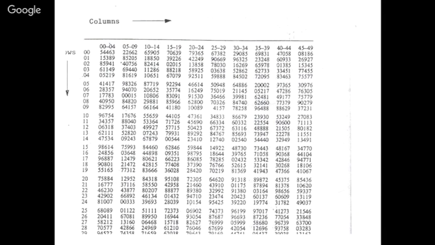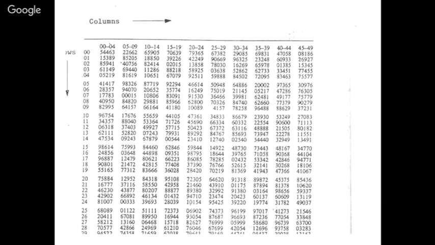In the first row of the table, it is considered as columns, and on the right hand, it's the rows. The first column is, for example, 00 to 04. This is the first column. Second is from 05 to 09, and third is from 10 to 14, and so on. And the rows are labeled as 00, 01, 02, and 03.